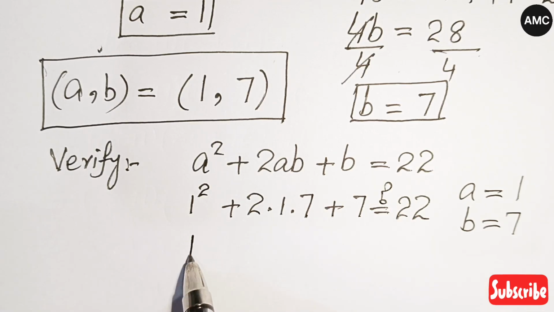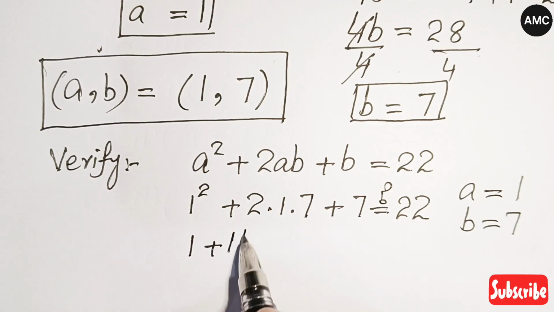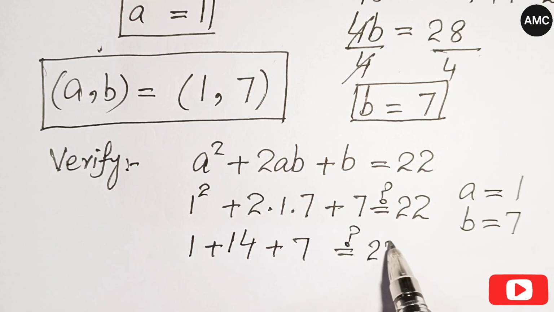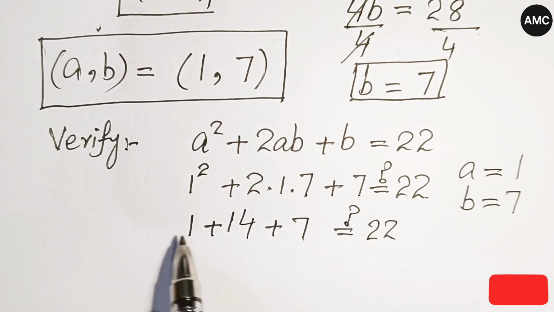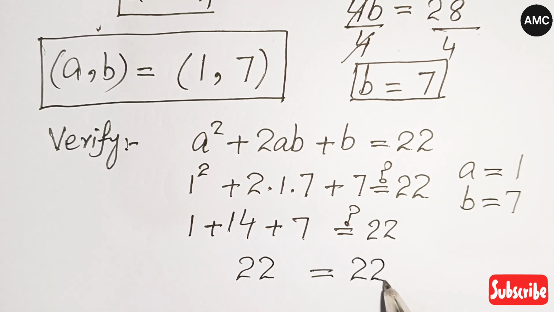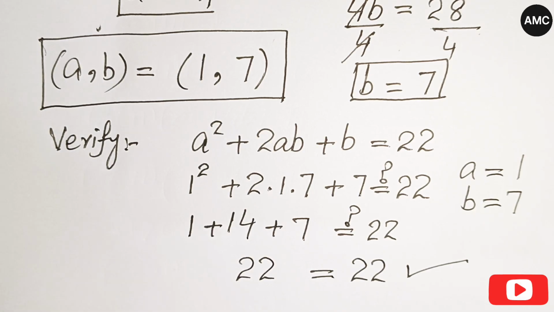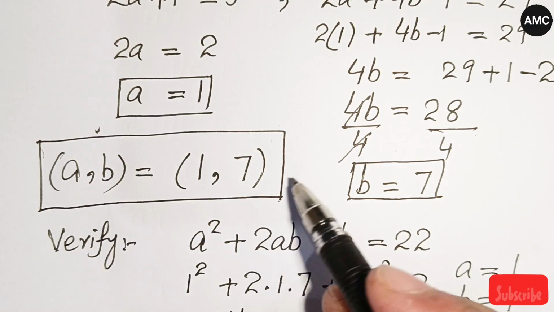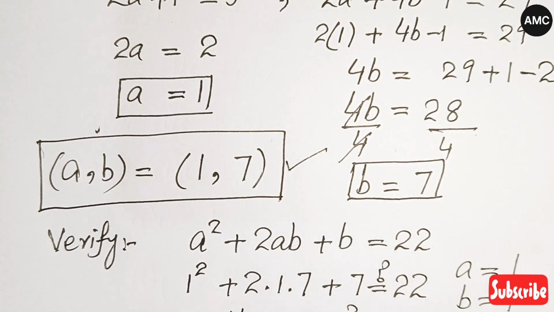Now 1 squared is 1, plus 2 times 7 is 14, and plus 7. When we add 14 plus 7 is 21, plus 1 is 22, which is equal to 22. So our left hand side is equal to right hand side. Hence this pair of values, which is 1 and 7, is our final answer.